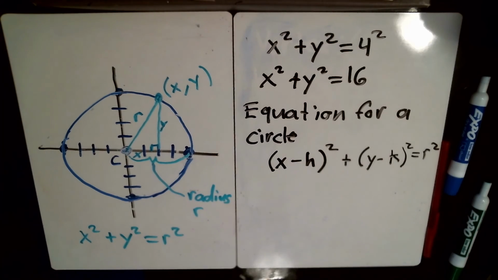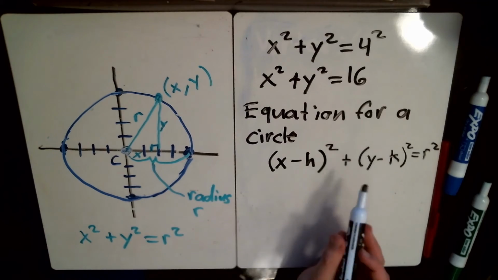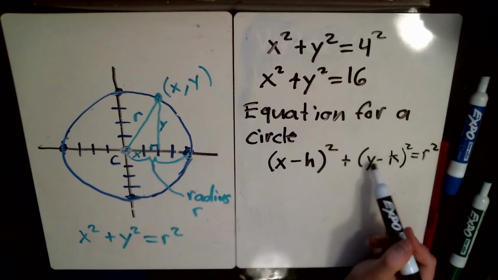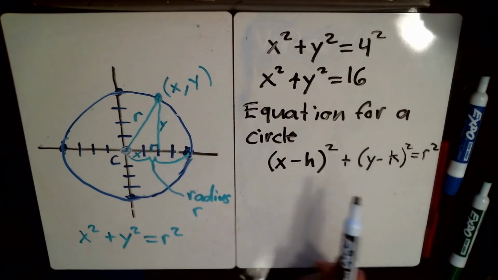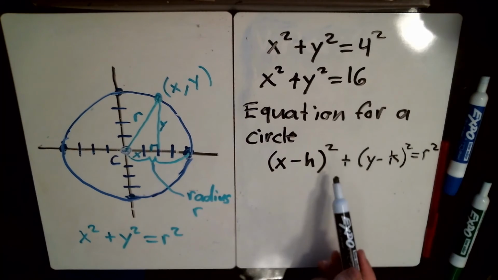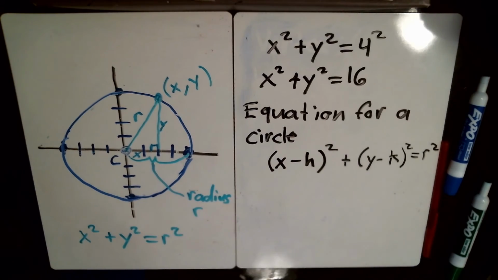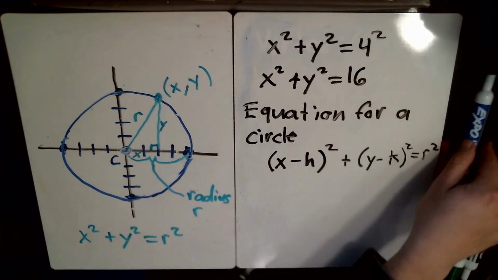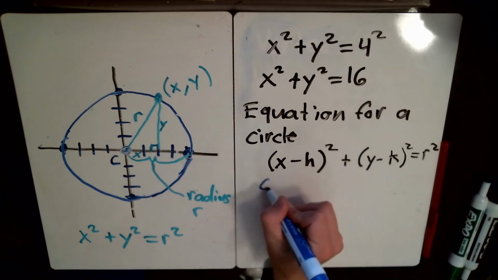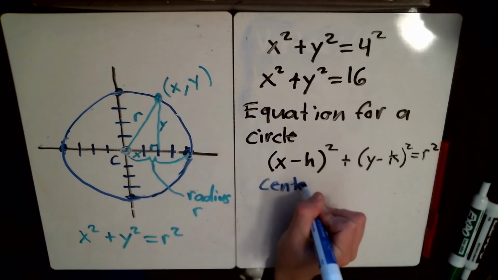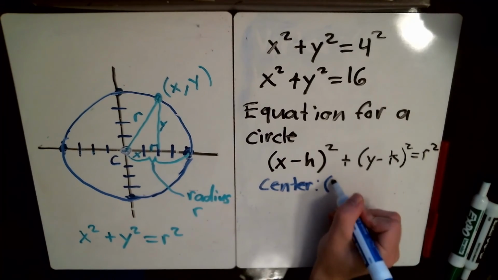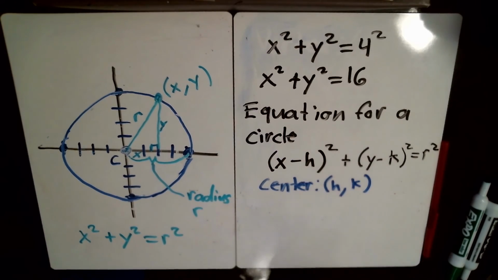So it's the same kind of formula. You've got, again, x squared, y squared is r squared, but then you just have these shifts on your x and y here. So essentially, the center of the circle that we have written the equation for is at h and k.